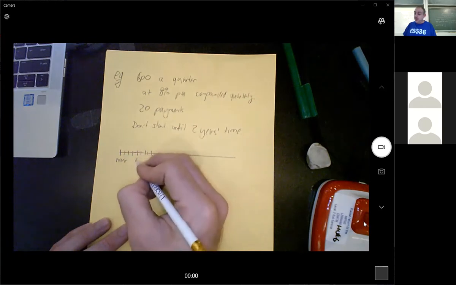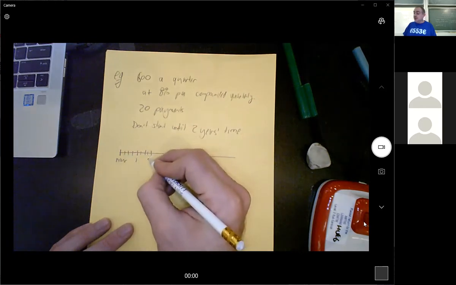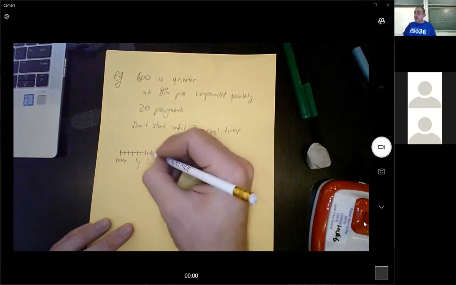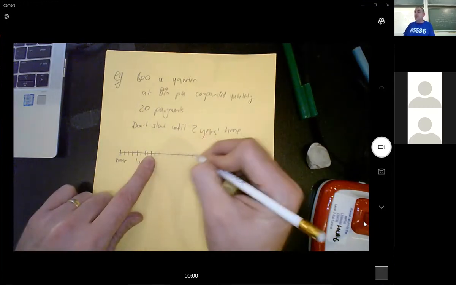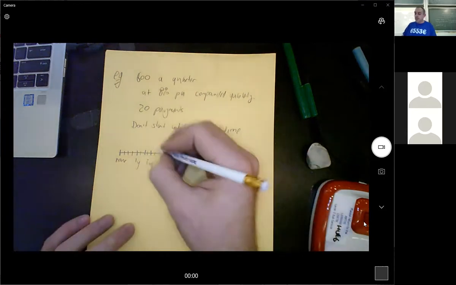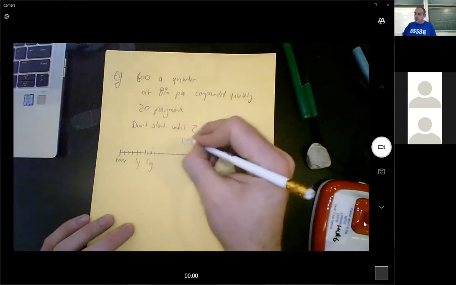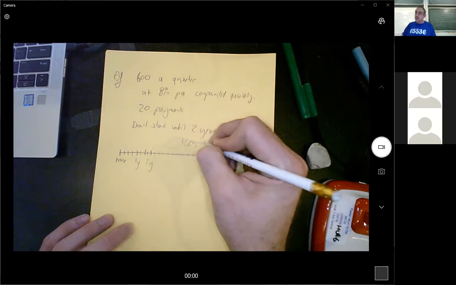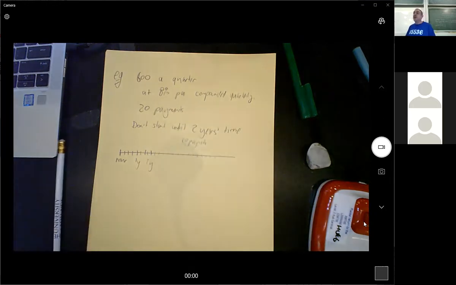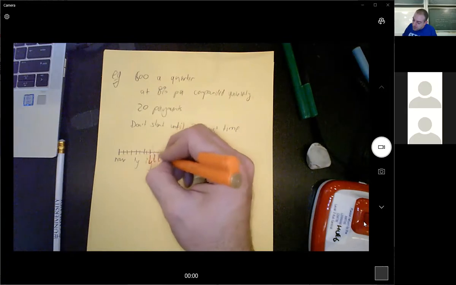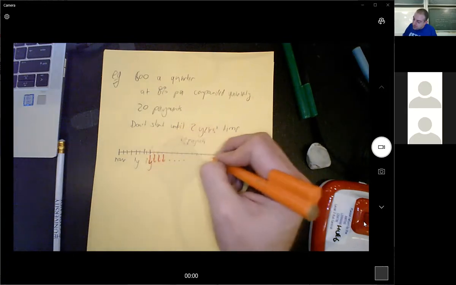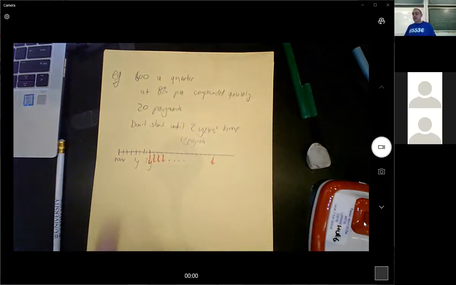That's the second year, and this is when the payments start. And then there's 20 payments, each quarter, for 5 years. So there's a payment here, payment here, payment here. And they don't start till here.